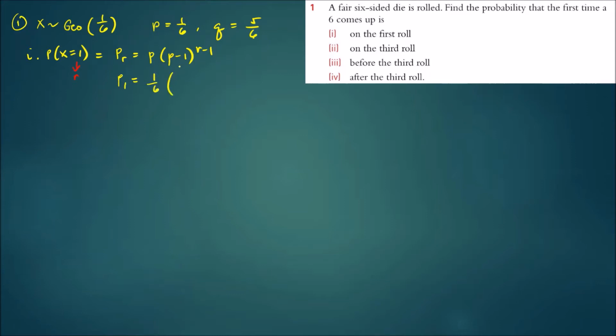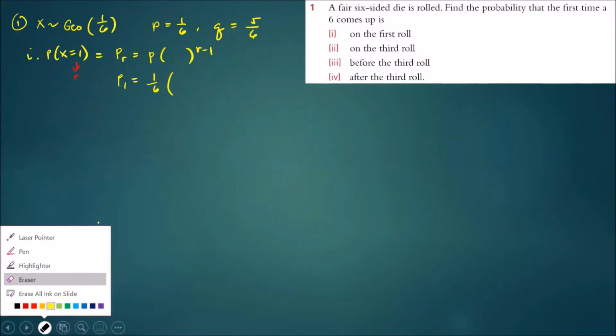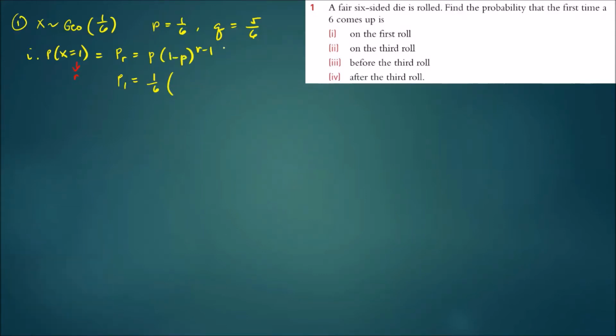And 1 minus P, not P minus 1, I'm sorry, that is our Q, 5 by 6, raised to 1 minus 1. So that is 1 by 6 multiplied by 5 by 6 raised to 0, which is equal to 1 by 6.